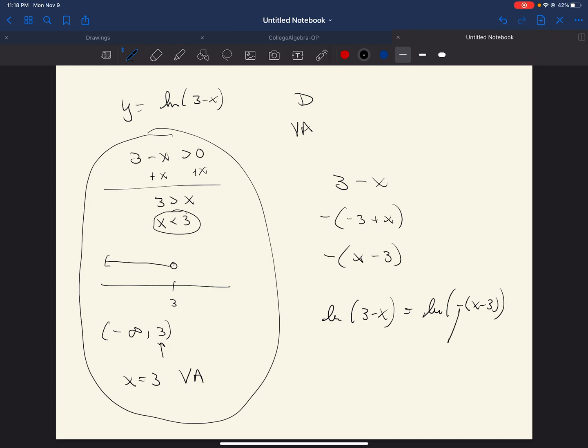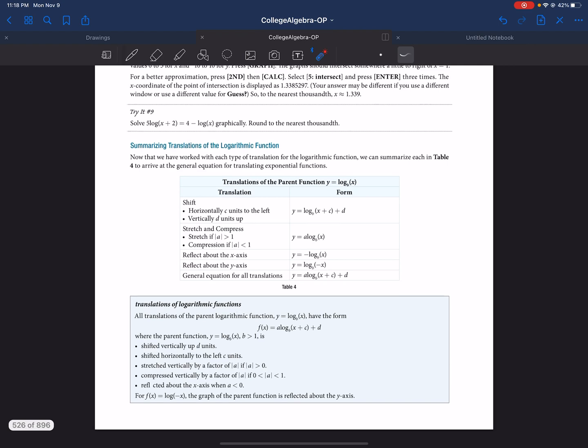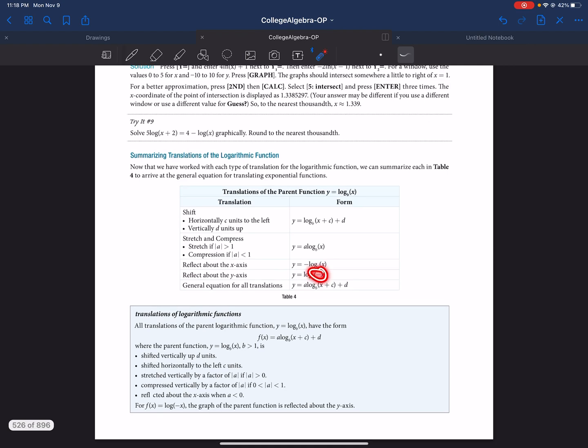Okay, what does that negative do in front of the x? It flips it across the y-axis. You can get that from the book right here. If you have a negative in there, it reflects it about the y-axis.